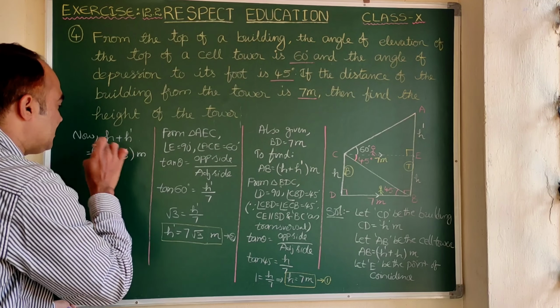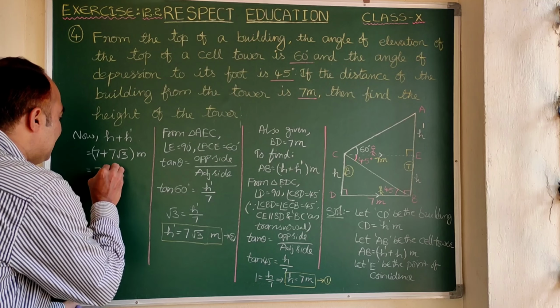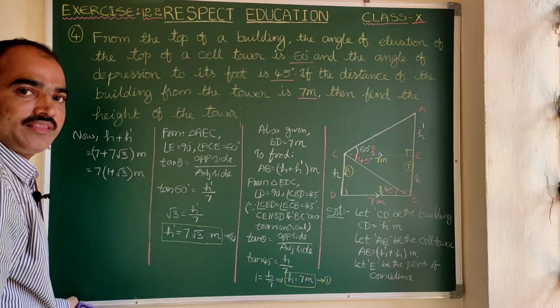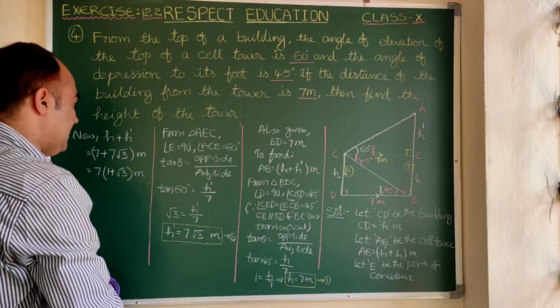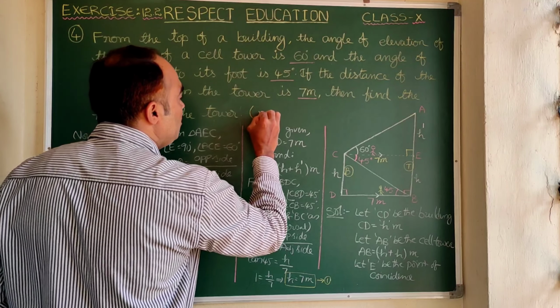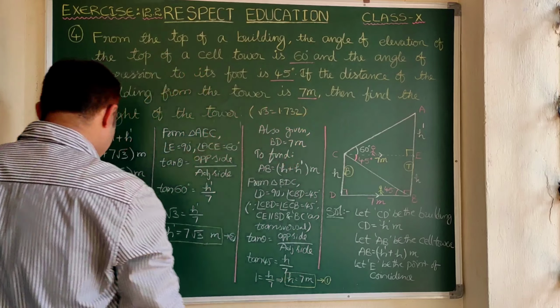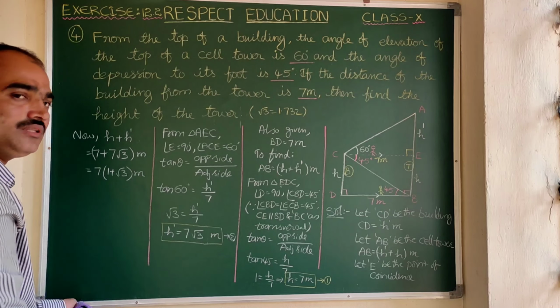So H plus H dash is equal to 7 plus 7 root 3 meters. We can take 7 common, it is 7 into 1 plus root 3 meters. Actually we can leave the problem here. But if the question mentions use root 3 is equal to 1.732, then we need to substitute that value in place of root 3.